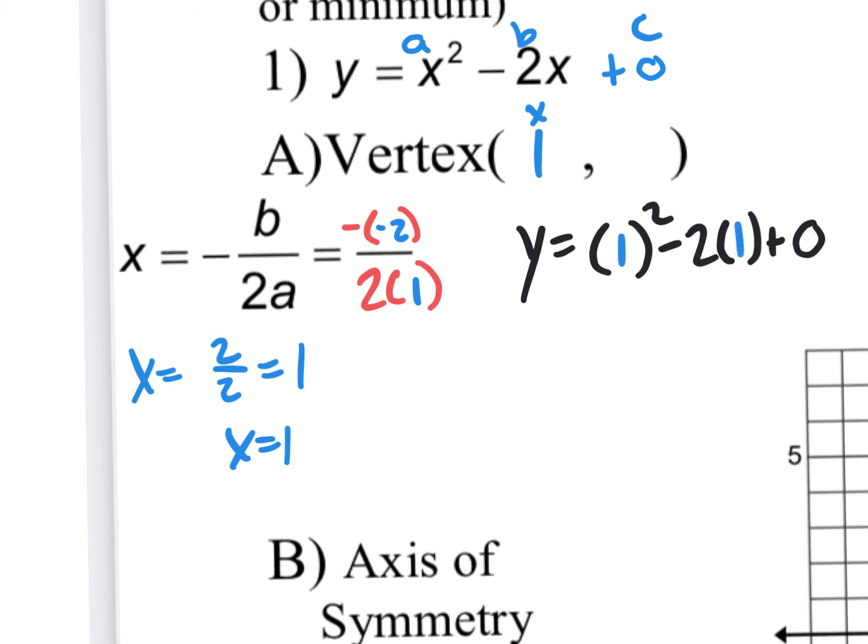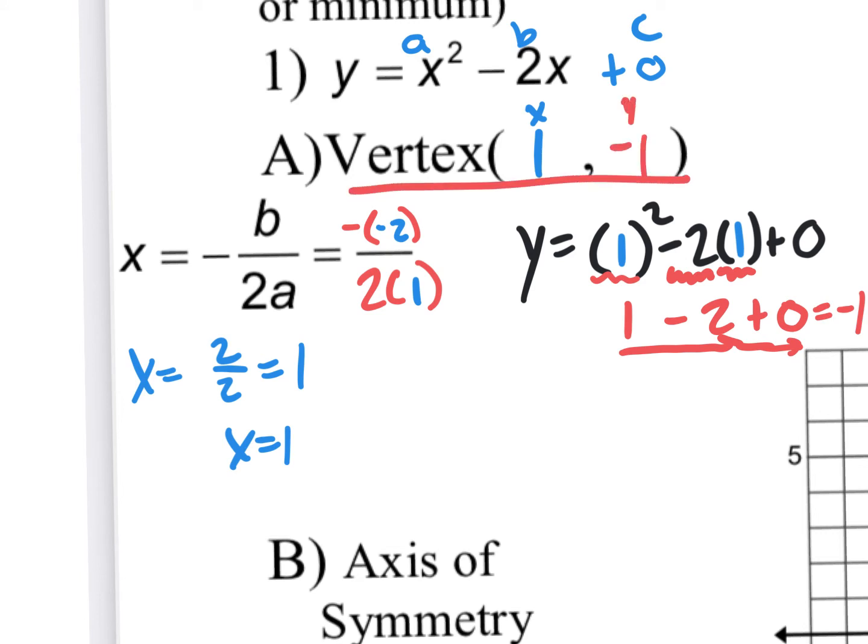Now let's do the math according to PEMDAS. Parentheses first. There's nothing to do in parentheses. Then you move on to exponents. 1 squared, that's 1 times 1. It's still 1. Then multiplication. -2 times 1, that's -2. And then, of course, addition and subtraction at the very end. So 1 take away 2 plus 0 is -1. So your vertex y value is -1.